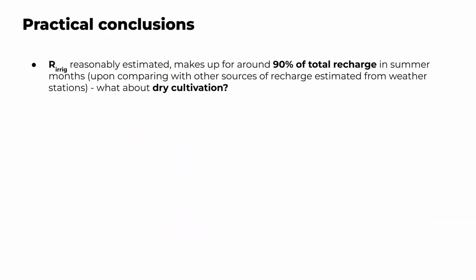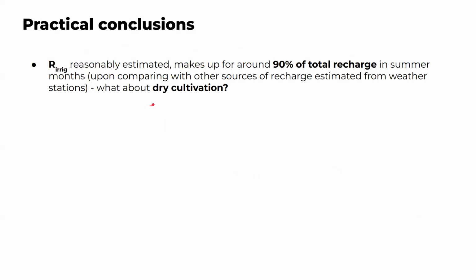So out of this long ride, what can we conclude from an engineering point of view or a geology point of view? We're pretty happy with the estimate of the coefficient of the recharge of the aquifer from the rice field irrigations. In particular, note that the nominal value that we found means that 90% of the total recharge in the summer months of the aquifer comes from rice fields.